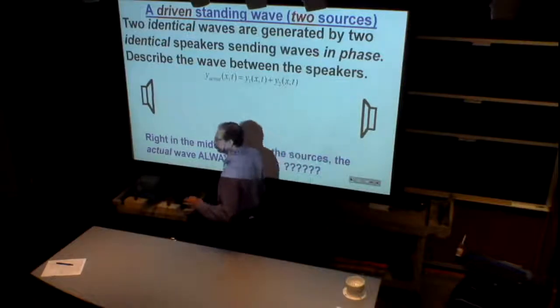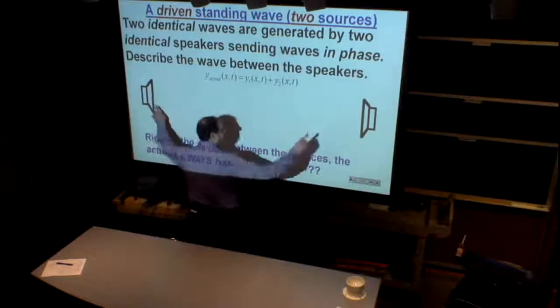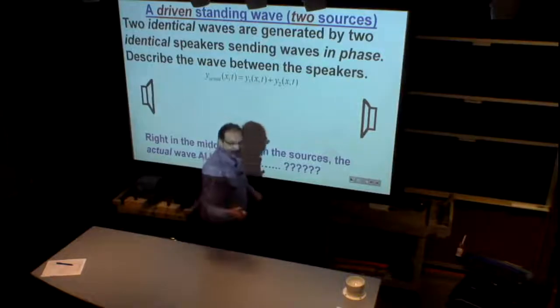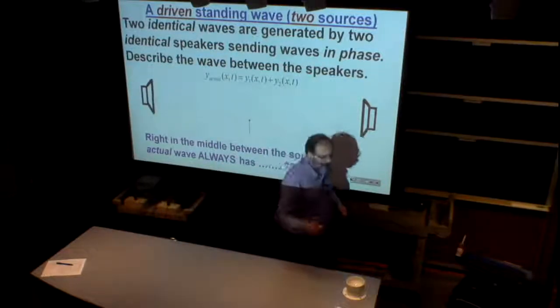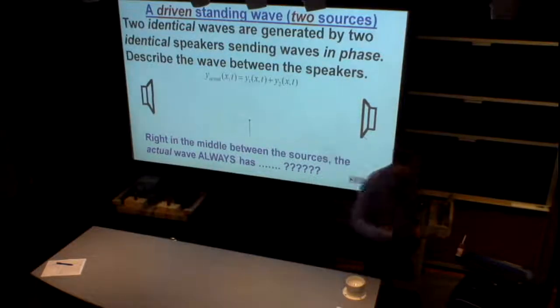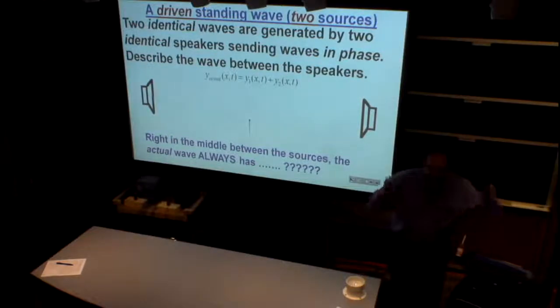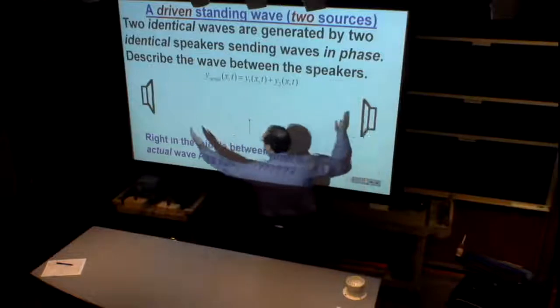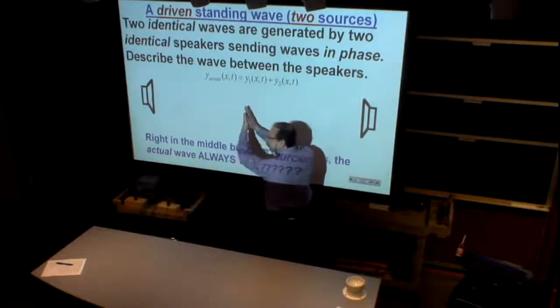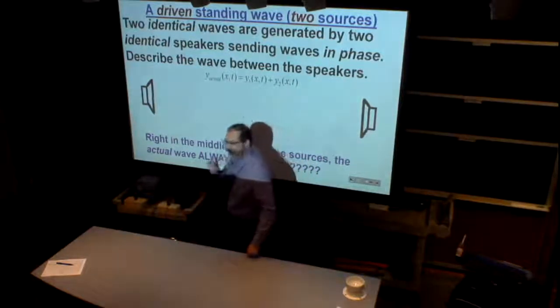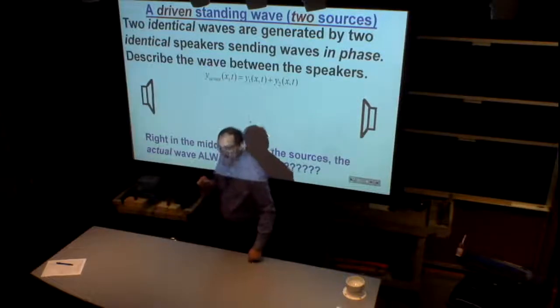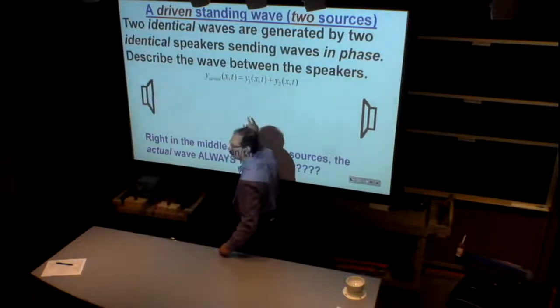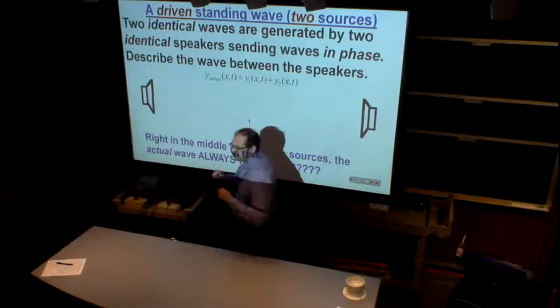So we have two waves traveling from sources which have exactly the same amplitude, exactly the same phase. So when those waves meet in the middle, they will travel exactly the same distance, which means right here, they always, again, will be in phase.